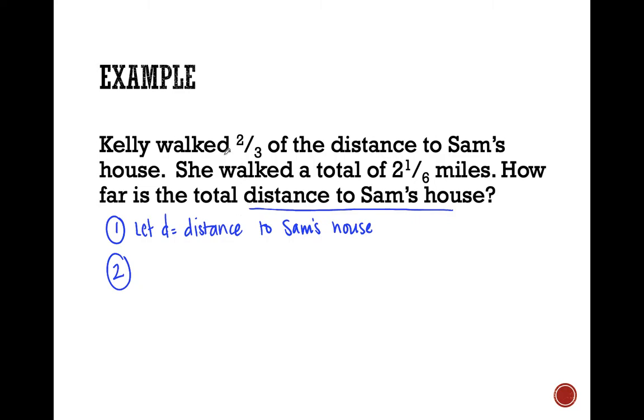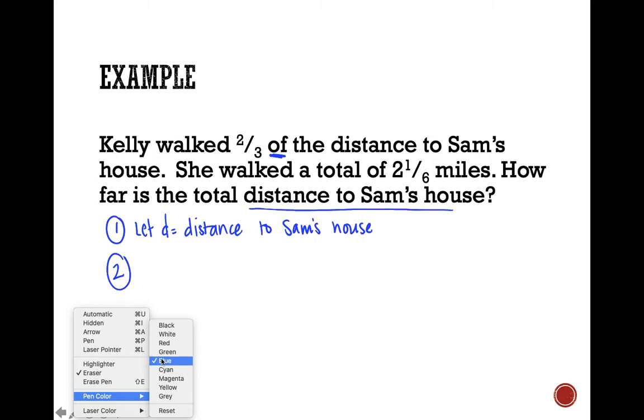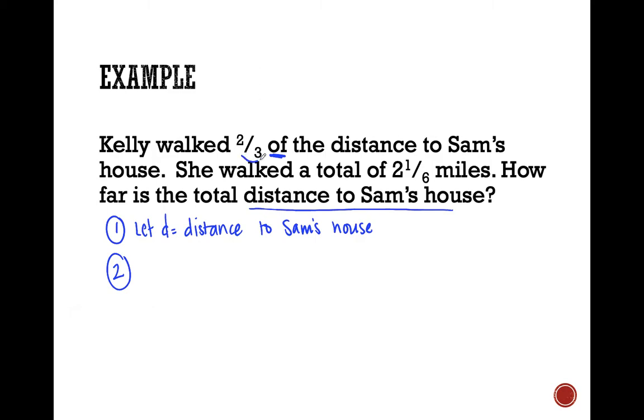Now step 2 is the equation. So we know that Kelly walks 2/3 of the distance to Sam's house. The distance to Sam's house is what we don't know. So we are saying in this problem that Kelly walks 2/3 of our missing information, which is D, and then we know she walked a total of 2 1/6 miles. So we know that the total is 2 1/6.